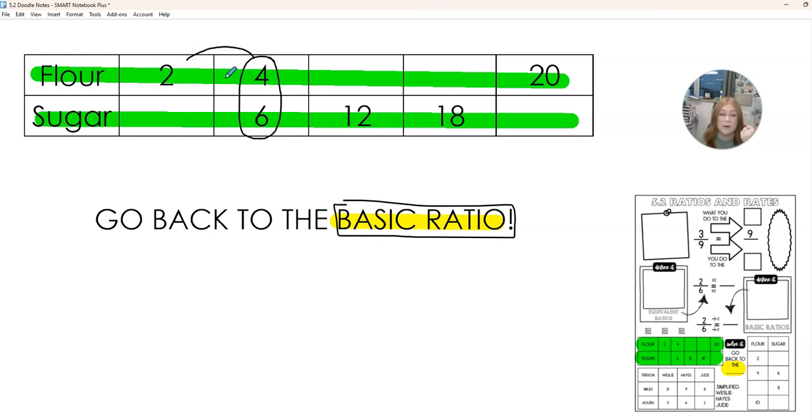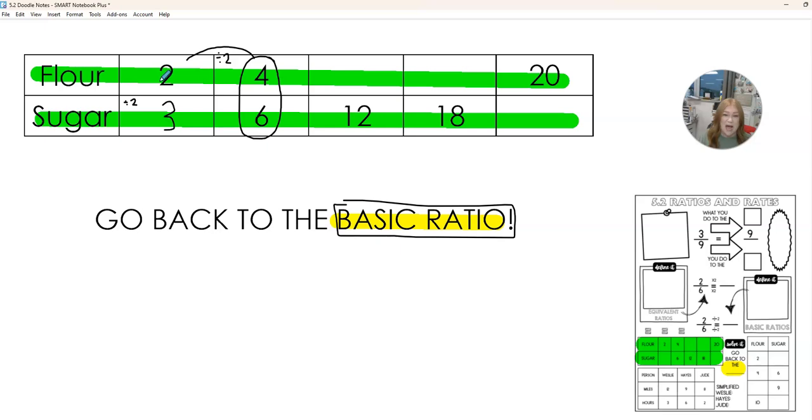You have to multiply or divide. 4 divided by what is 2? 4 divided by 2 is 2. And if I do it to the numerator, I have to do it to the denominator. So 6 divided by 2 is 3. So my basic ratio is 2 to 3. 2 and 3 can only be divided by 1, so this is our basic ratio. Now we're done with this one.